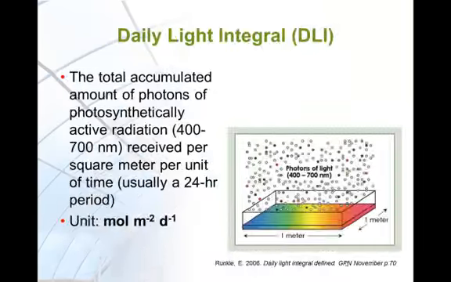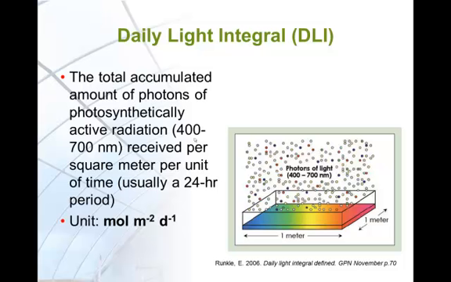Another important parameter used widely in horticulture and horticultural engineering is DLI, which is daily light integral. As you learned in the previous slide, PAR is an instantaneous measurement, and DLI is a more cumulative value. So it's like a rain gauge and often expressed per day.